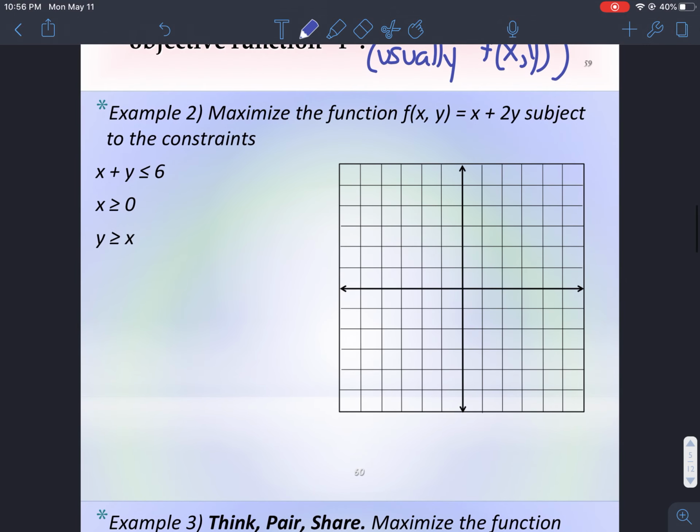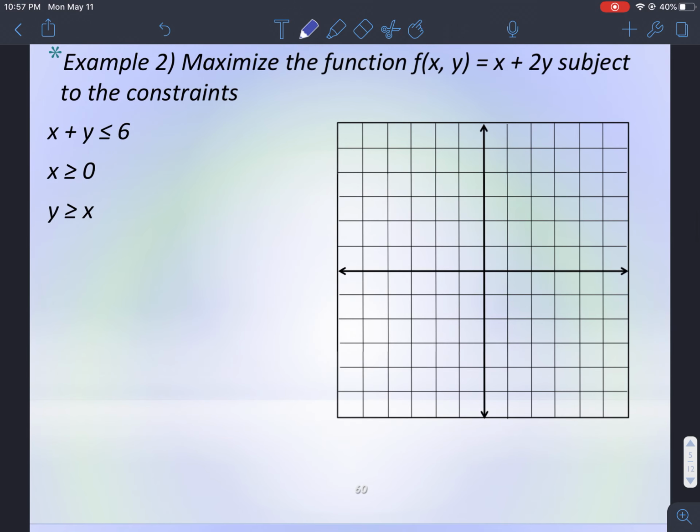Let's try another one. Different kind of wording, okay? But let's maximize the function f of x comma y equals x plus 2y, subject to certain constraints that x plus y is less than or equal to 6, x is greater than or equal to 0, and y is greater than or equal to x. So step number 1, graph each inequality. That's going to be x plus y equals 6.